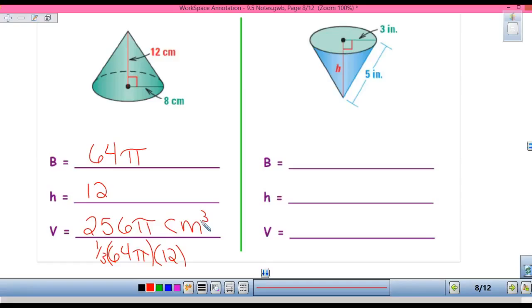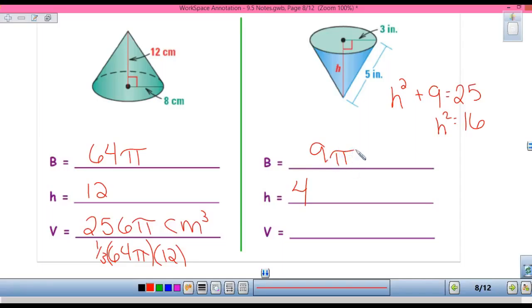Okay, this one gives us slant height. What do we need? We need regular height. So if we're going to solve that, we've got h squared plus 9 equals 25, right? So subtract your 9, h squared equals 16, so my height is 4. Okay, area of my base is 9 pi.